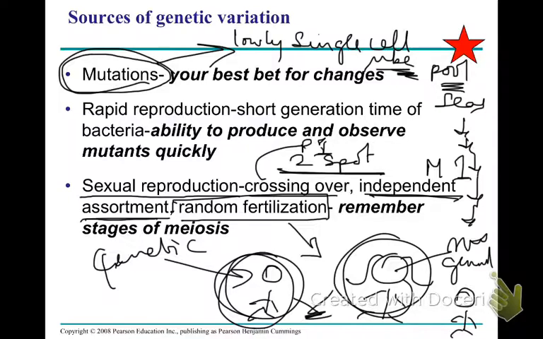One more important thing to note is that it is very difficult to observe these mutations and their effect on a population in humans, but it is easier to observe that in bacteria.